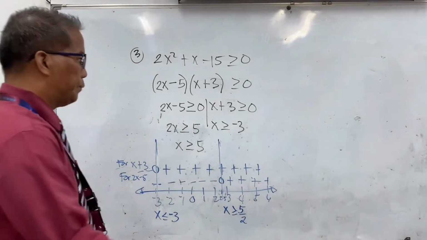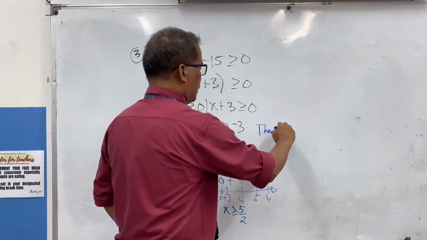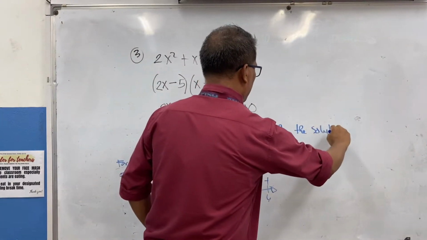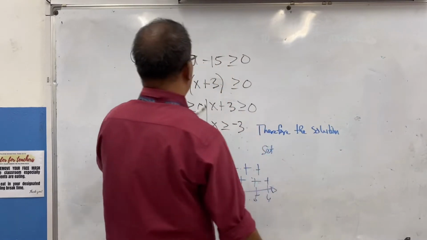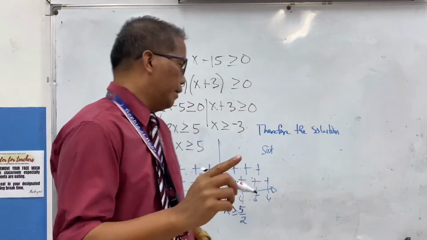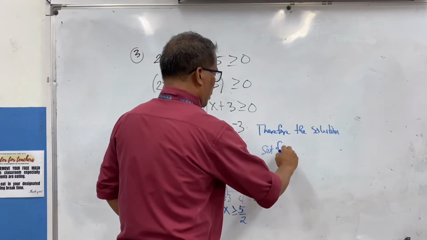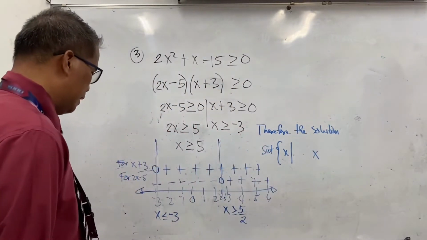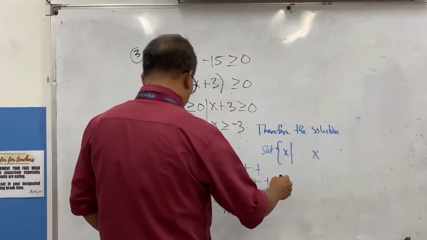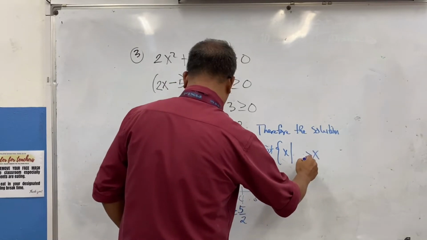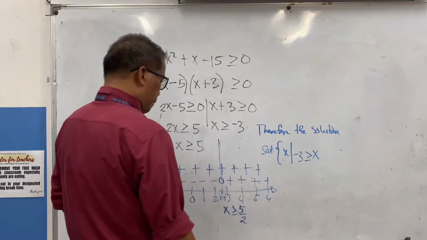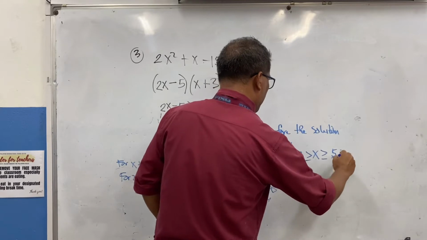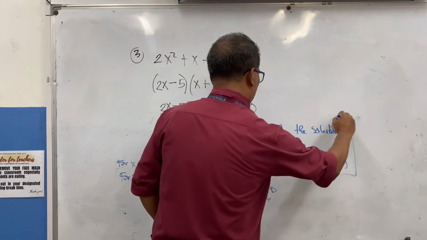So therefore, the solution set of this quadratic inequality will be for all values of x such that x is less than or equal to negative 3 and greater than or equal to 5/2. So this is now the solution set.